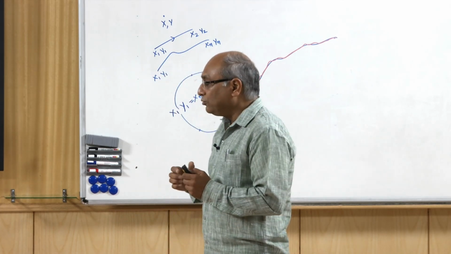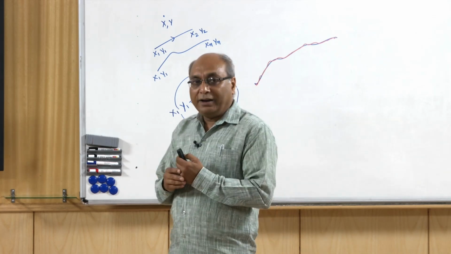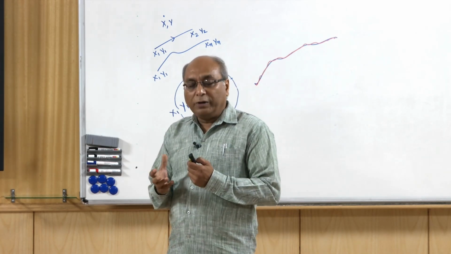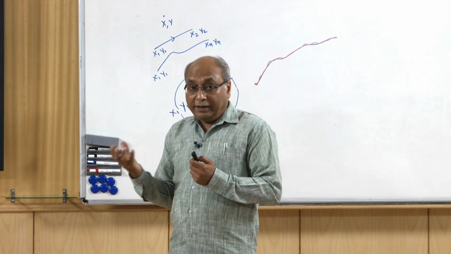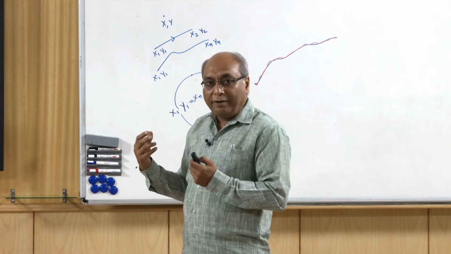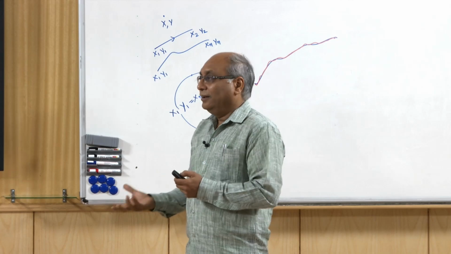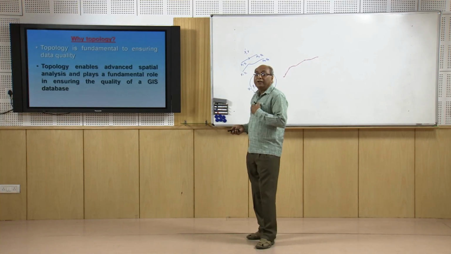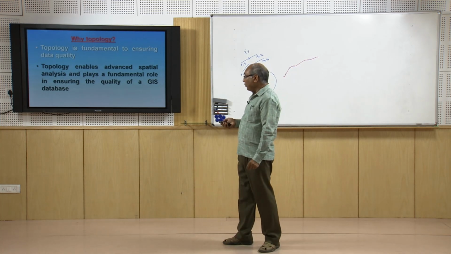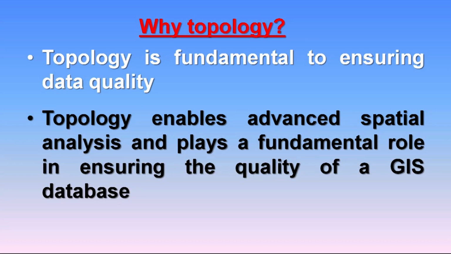The aim of GIS is to integrate data in a manner that the results become very reliable, but if the data already has errors and they have not been controlled within the operations of GIS, then your results would have a very low level of confidence. So, topology also enables advanced spatial analysis, connectivity and other functions, and plays a fundamental role in ensuring the quality of the GIS database.